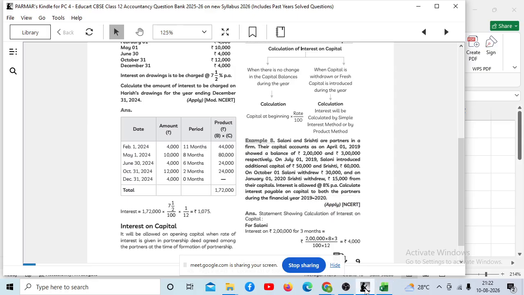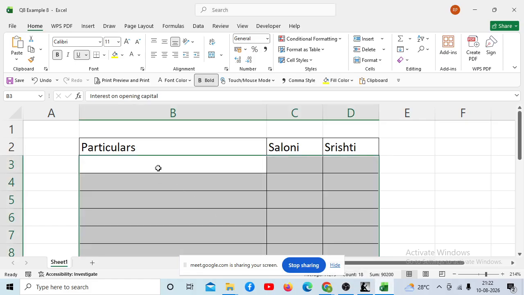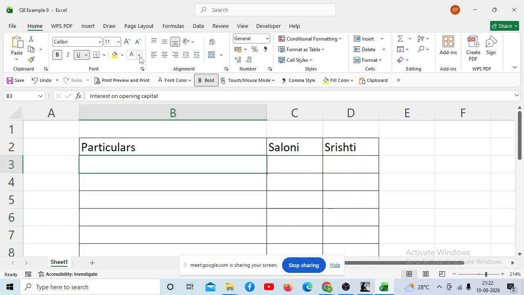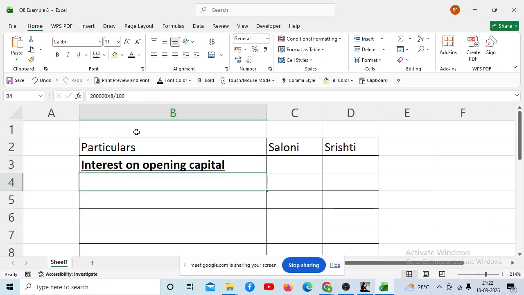See how much capital they have introduced in the beginning, that is 2 lakh and 3 lakh, right? So give the heading as interest on opening capital. Now Saloni has introduced 2 lakh. So on 2 lakh calculate 8%.